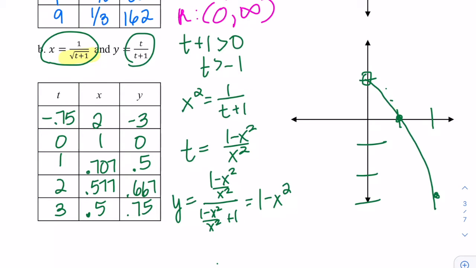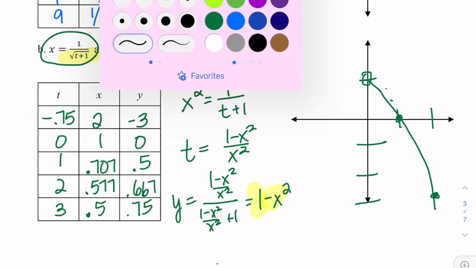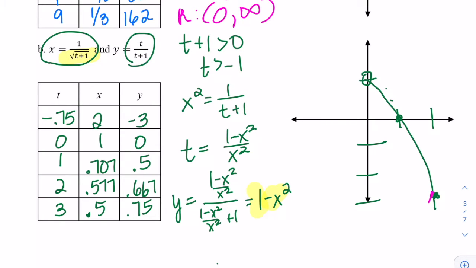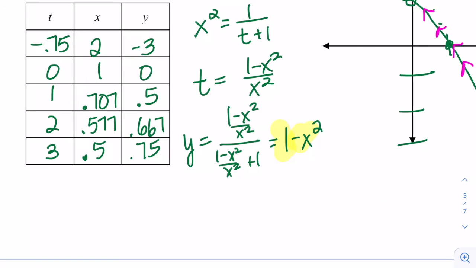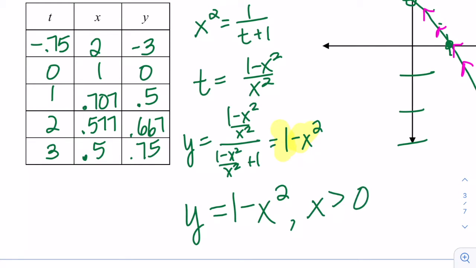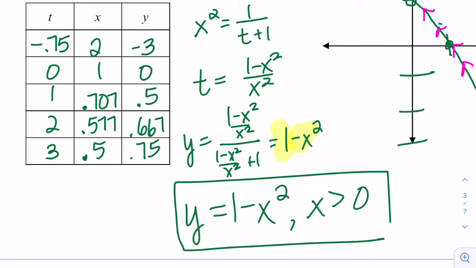And again, we can see that that y-intercept is going to be 1, and it's going to be opening down. Now the orientation for this parametric is starting from the bottom right and going up to the top left. So for this rectangular equation, even though it's a parabola, we have to just make sure we clarify that the domain is going to be greater than 0.